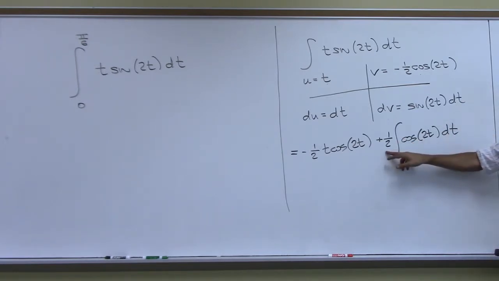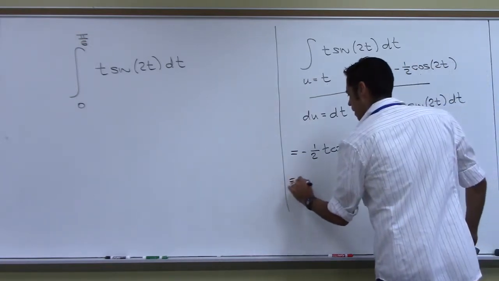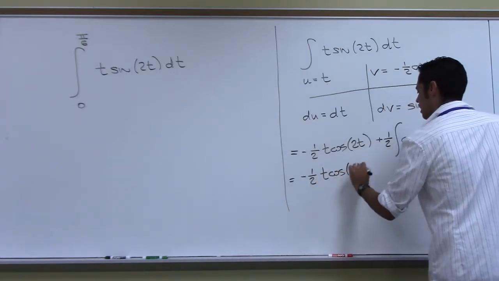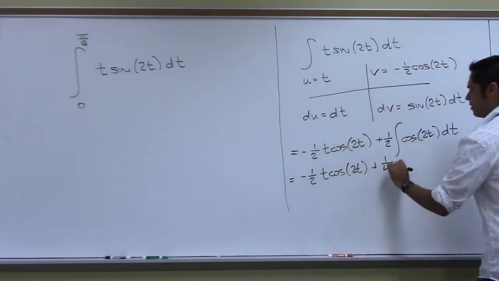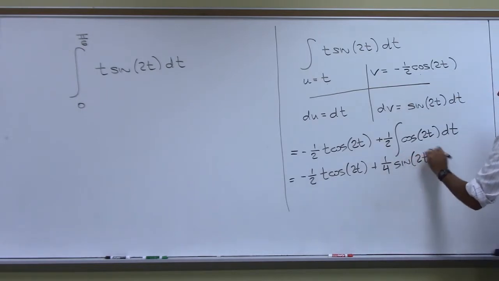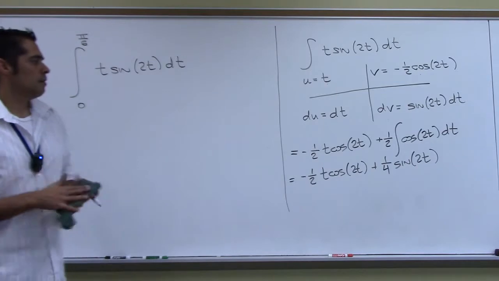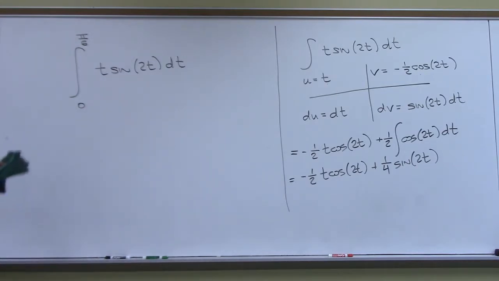The 1/2 is going to hit this, become a 1/4. So we're there. Negative 1/2 t cosine 2t plus 1/4 sine 2t plus a c, but I'm not going to need the c, am I? Are there any questions?